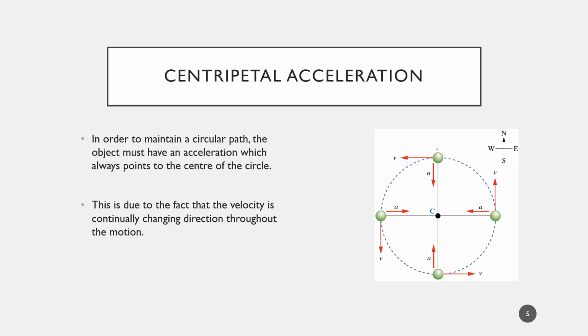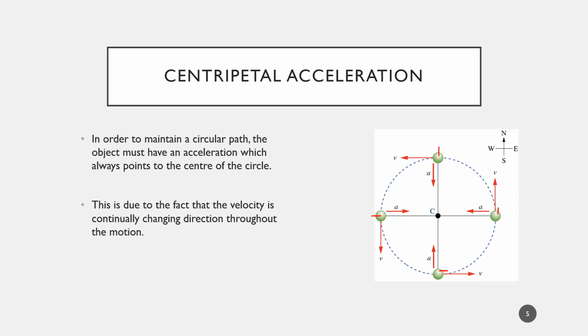Up here, at that instant, the velocity is pointing straight towards the left. If we go a quarter of the way around, the velocity is now pointing down. Another quarter, the velocity is pointing to the right. Another quarter, the velocity is pointing up. So at all points on this motion, the velocity is changing.